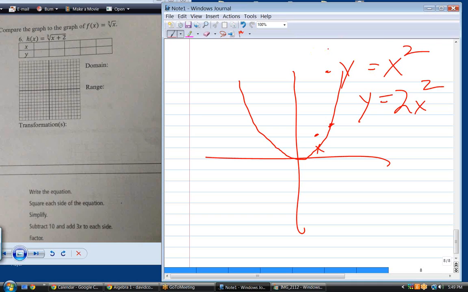The net result is that it makes this curve more narrow, and that is a vertical stretch. So when you're multiplying the entire function by a number greater than 1, you're vertically stretching it. Whatever y would have been, it's twice as much now. If you connect those dots, you'll see that this is a vertical stretch.